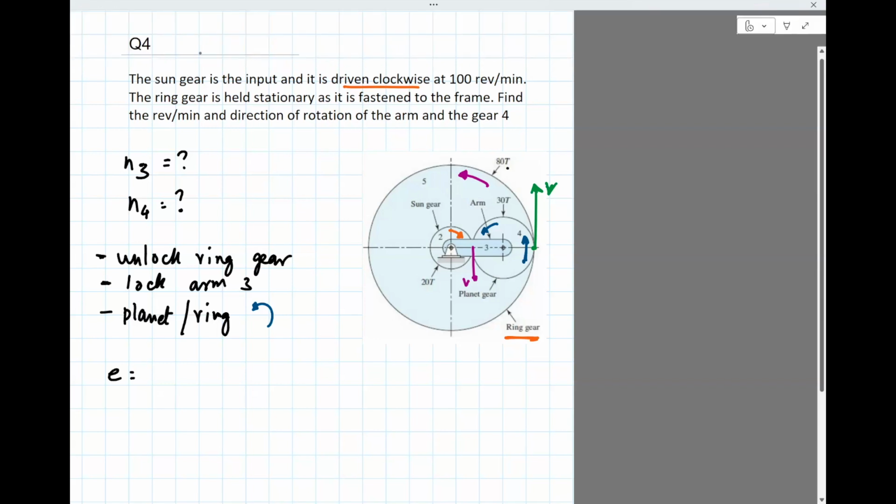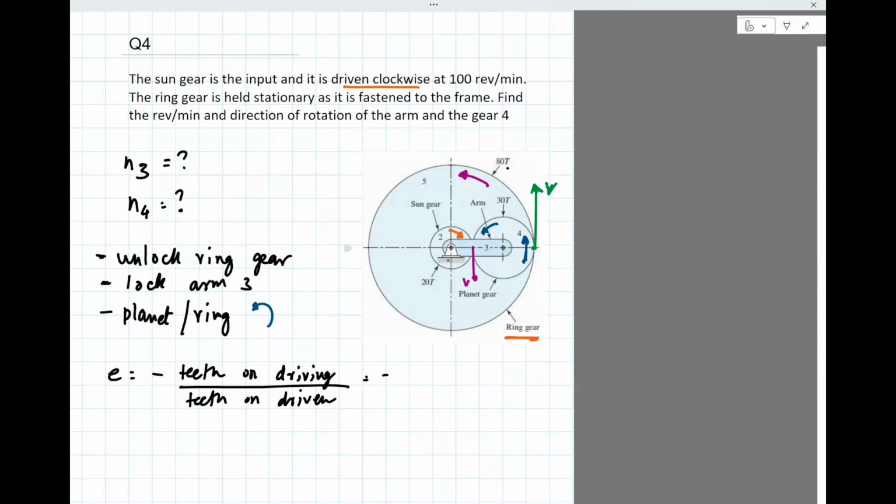Now let's go to the values for the actual speed. E is driving to driven.